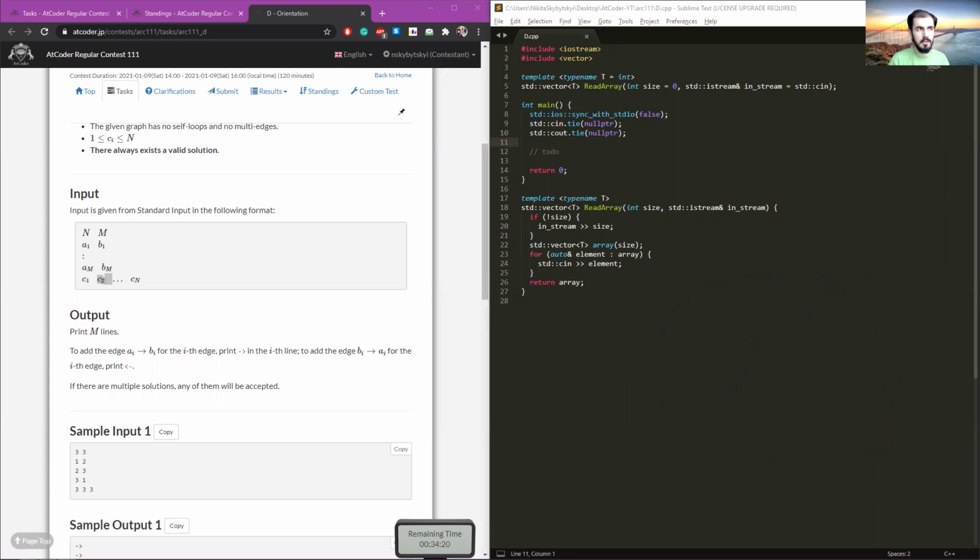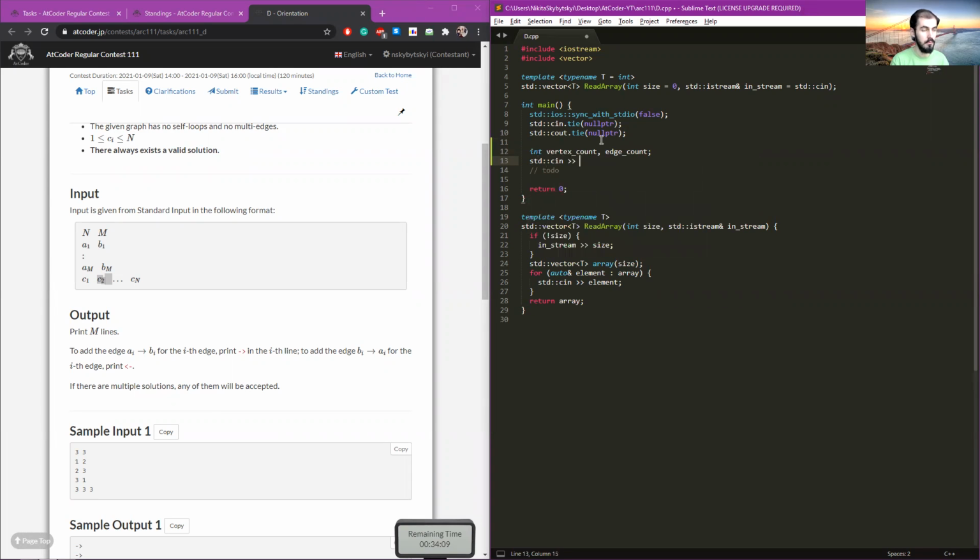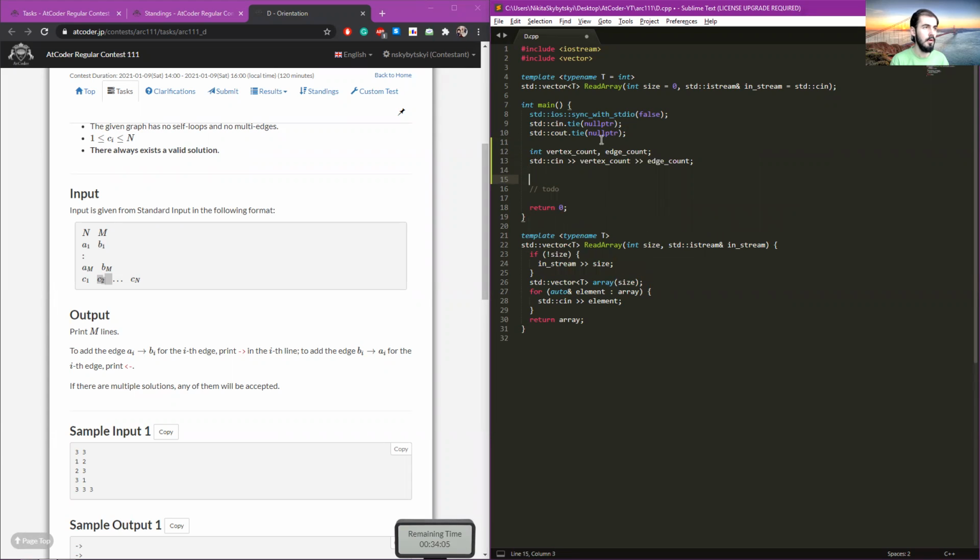Well, okay. I think we can deal with cycle detection a bit later. To begin with, I would like to actually orient the correct edges. So vertex count, edge count. Then we will have edges.